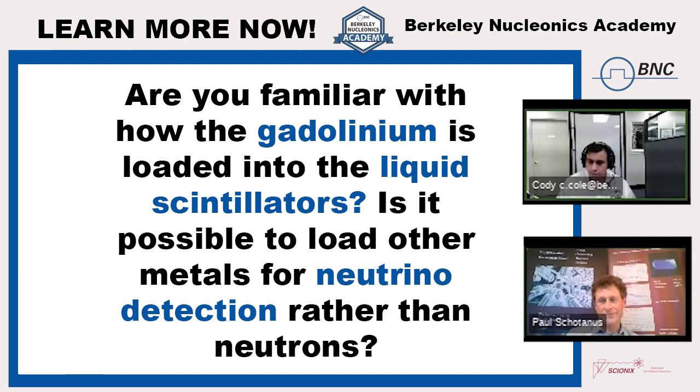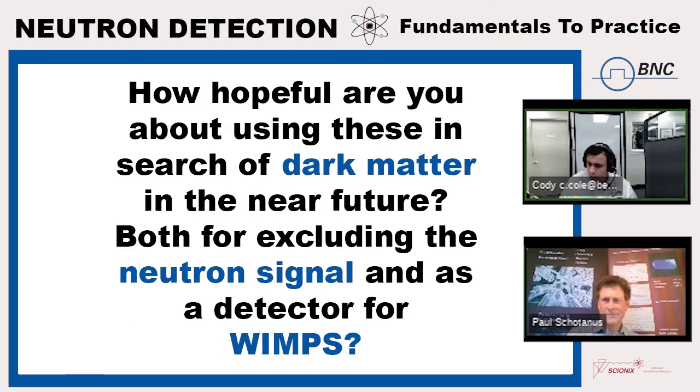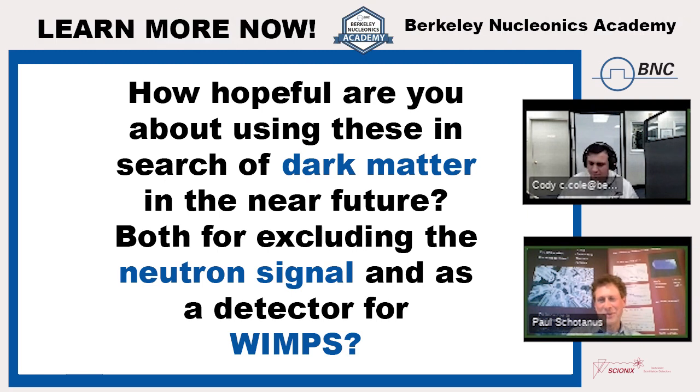Okay, great. And then moving from that into something fairly theoretical, Faiz is wondering, how much should we be hopeful to use these detectors discussed in the presentation in the search for dark matter in the near future? Whoa, that's a very generic question, dark matter research. I think there are many materials used in dark matter at the moment.